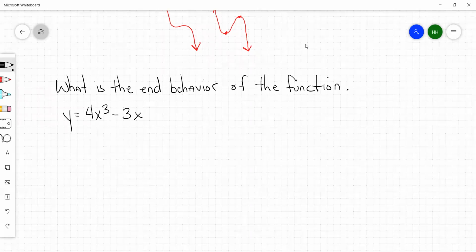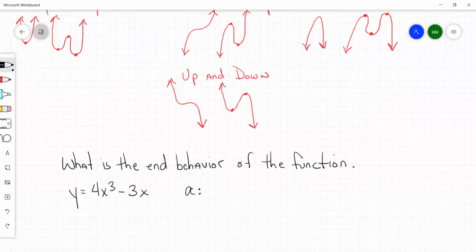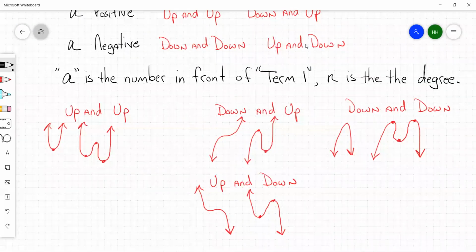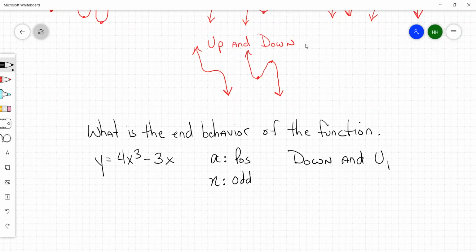End behavior. Our a here is 4. And it doesn't even matter about that as much as the positive or negative, right? So our a is positive. Our n is odd. A positive, n is odd. That's down and up. There's your end behavior, down and up.